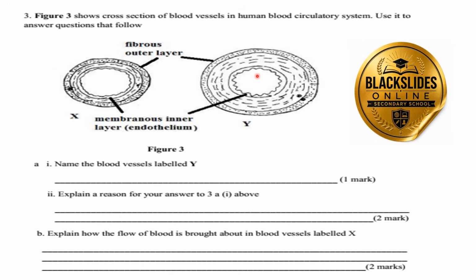You can see that it is more muscular, much thicker, and is strong and more muscular than X. In other words, this has more muscle than X. And also the middle layer is very thick, this one here.